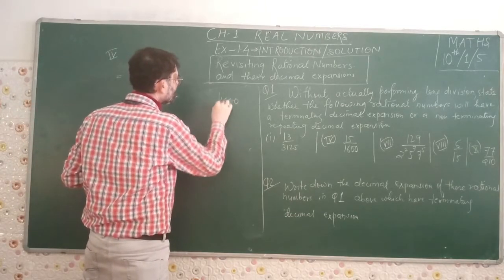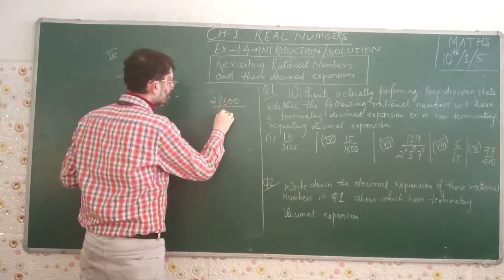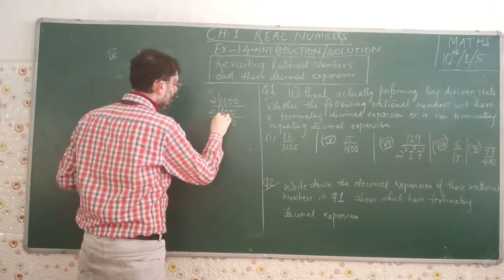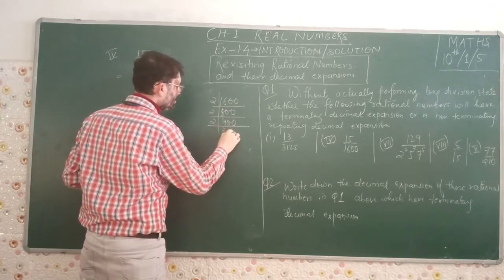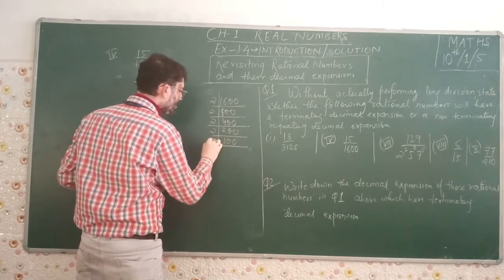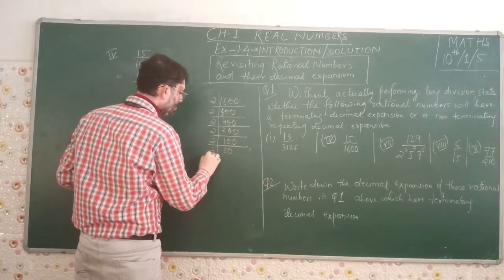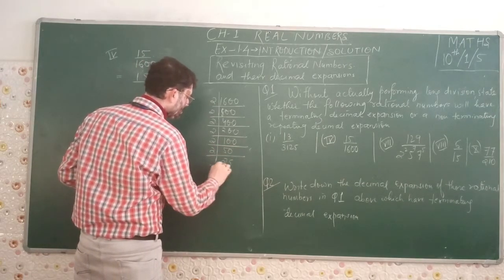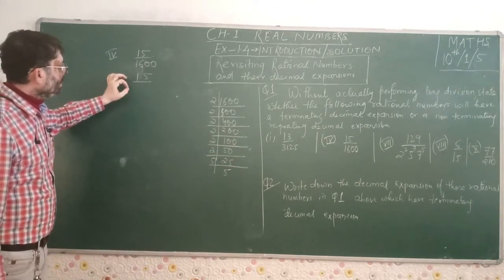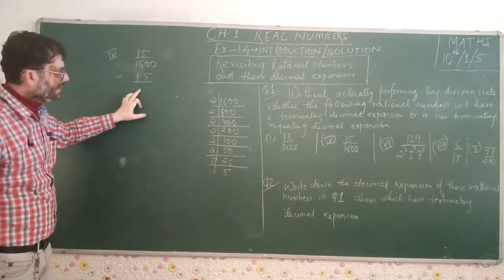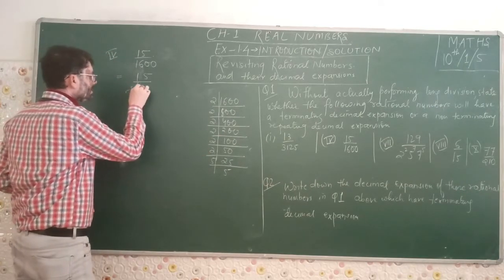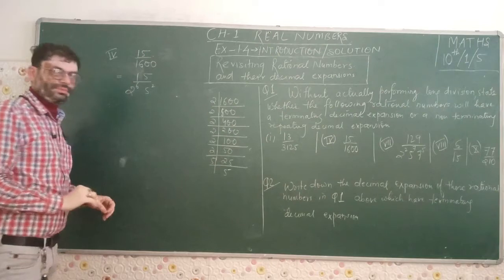This is 1600. So 15 by 1600, where 1600 can be written as 2 to the power 6 and 5 to the power 2.